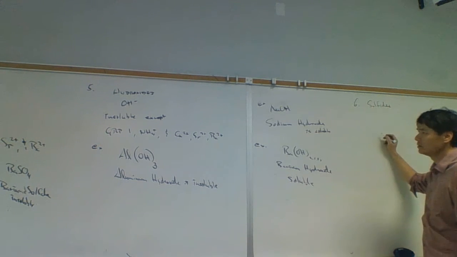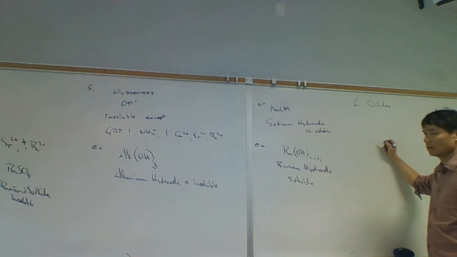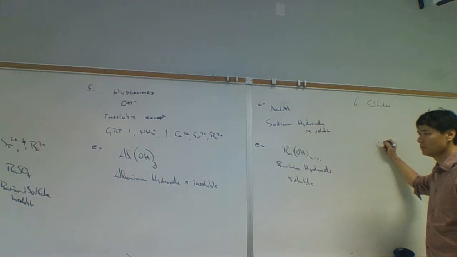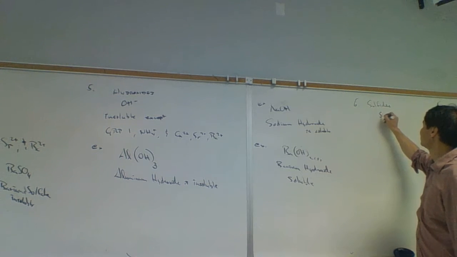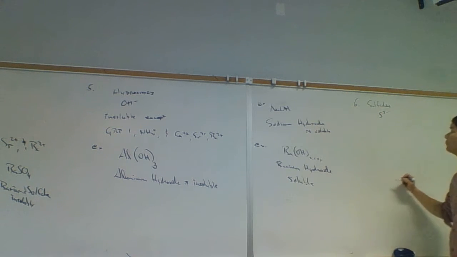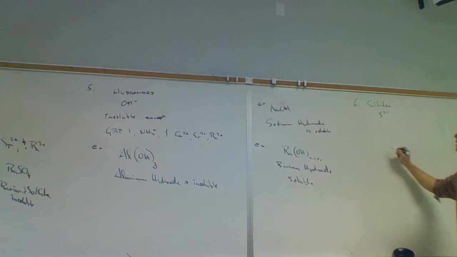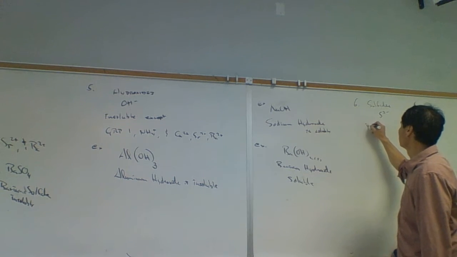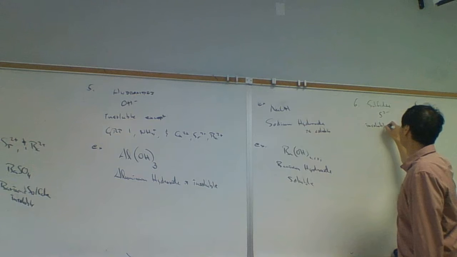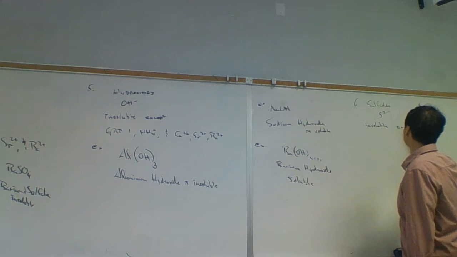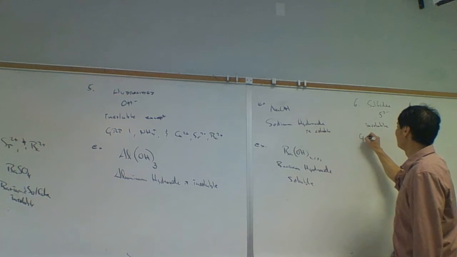What are sulfides? Sulfide ion, what's the formula for that? S with a -2 charge. That's sulfide. Sulfides are insoluble except group 1 and ammonium.